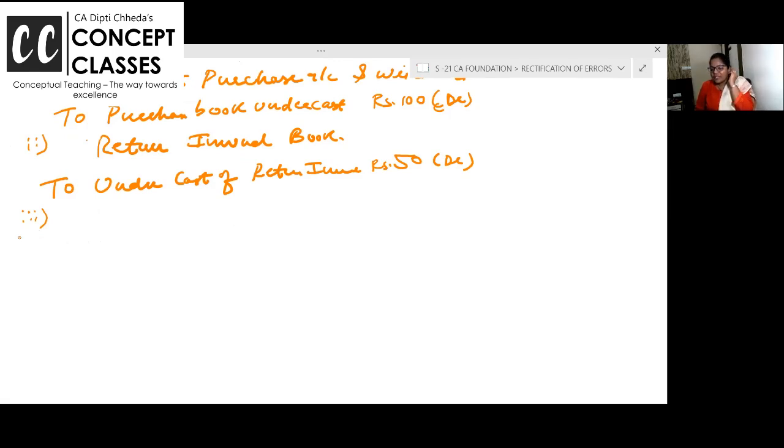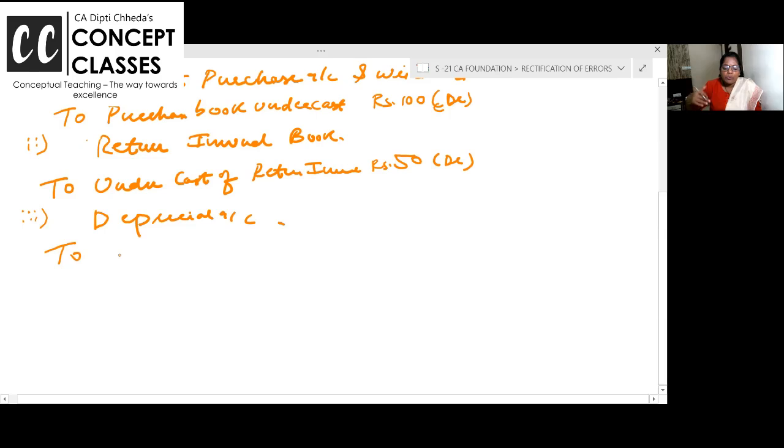If you have charged depreciation, you have to debit the depreciation account. Go to the depreciation account, debit side. What mistake have you done on the debit side? You missed posting 250 rupees. Omission of posting.